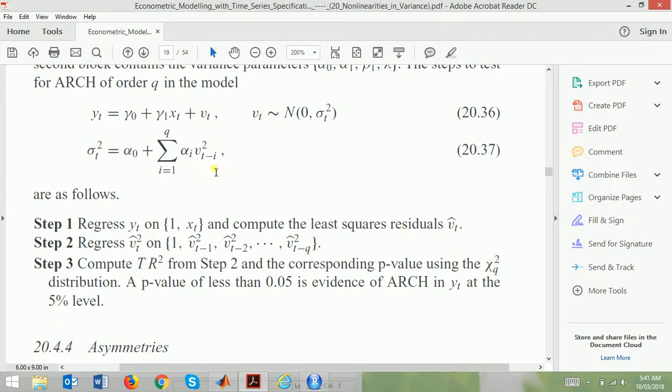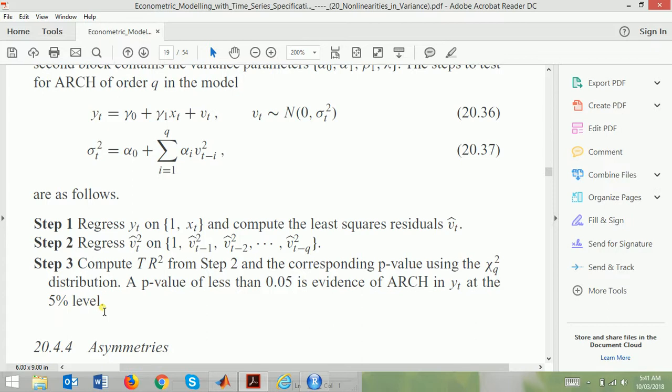Then regress residual v square on its lags. Compute TR square from step 2 and the corresponding p-value using the chi-square distribution. A p-value of less than 0.05 is evidence of ARCH in y at the 5% level.